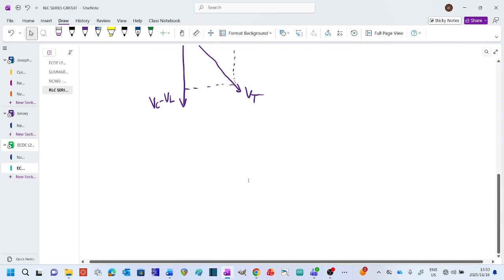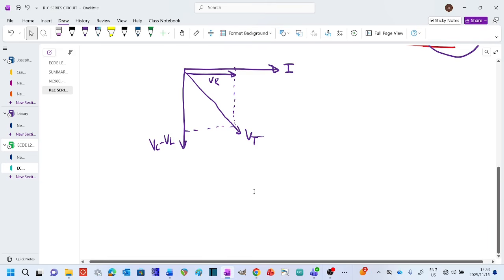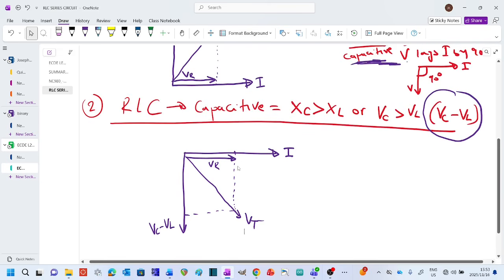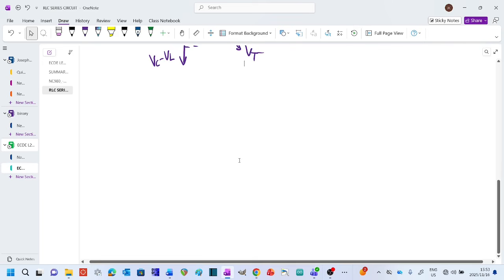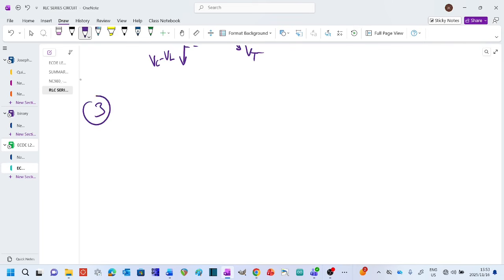So from there, I believe it's easy for you to continue and draw the rest of the phasor diagram, because you're going to have the phasor diagram for a resonant circuit. Number 3, for a resonant circuit. Resonant circuit means RLC is resonant. What does that mean?